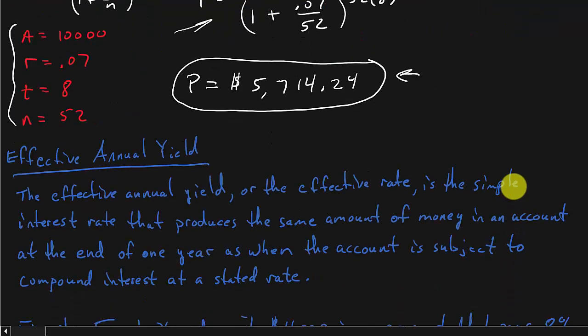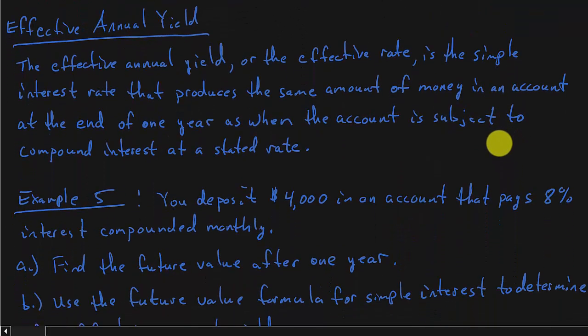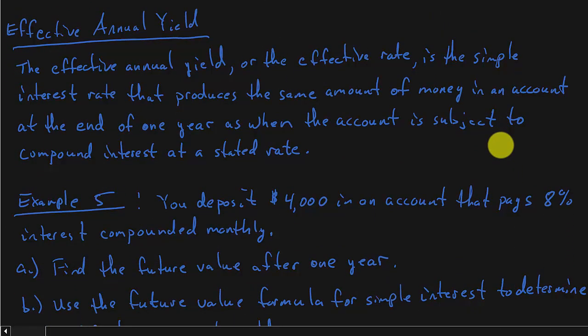All right, so effective annual yield. It says the effective annual yield, or the effective rate, is the simple interest rate that produces the same amount of money in an account at the end of 1 year as when the account is subject to compound interest at a stated rate.